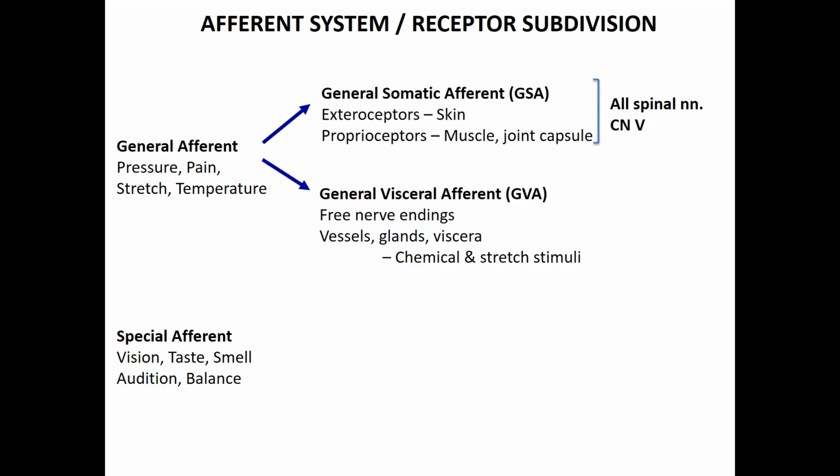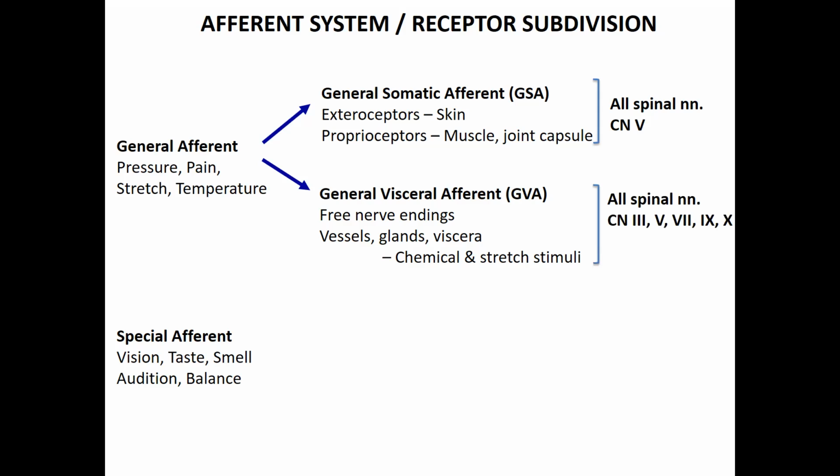You can find them in blood vessels, glands and viscera. In organ pain, they are also sensitive to stretch, which if excessive may result in pain, or to changes in the chemical composition of the fluids around them. So these are the GVAs.